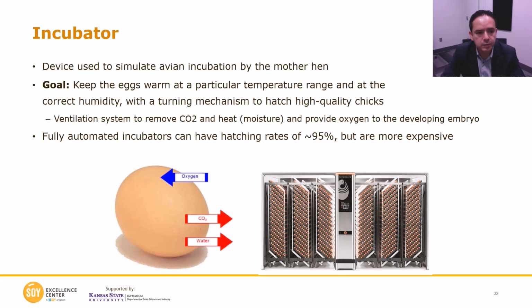The ventilation system will remove CO2 and heat and will provide oxygen to the developing embryo. And there are some fully automated incubators that can have hatching rates of around 95%.